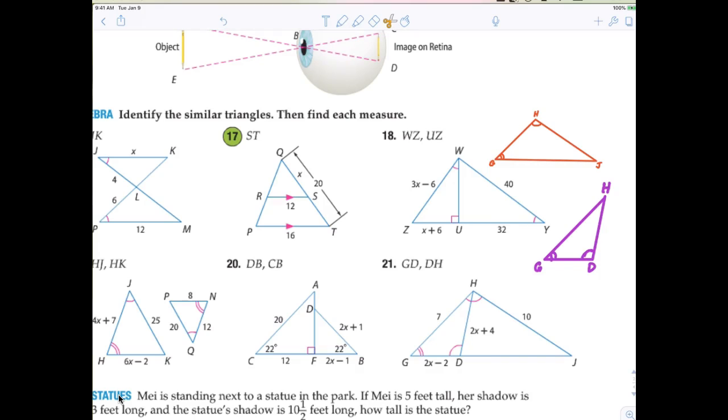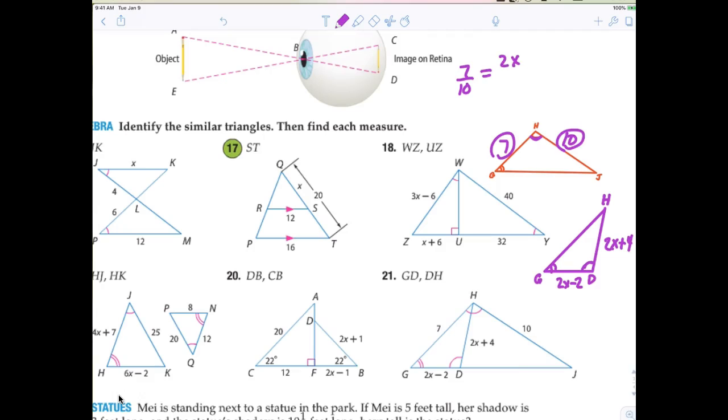So now those are similar, and GH we had was 7, and then HJ we have as 10, and then 2x minus 2 and 2x plus 4. Does everybody understand? Sometimes I just like to go 7 over 10. And then I say 7 corresponds between 1 mark and 2 marks, so 1 mark and 2 marks is 2x minus 2.